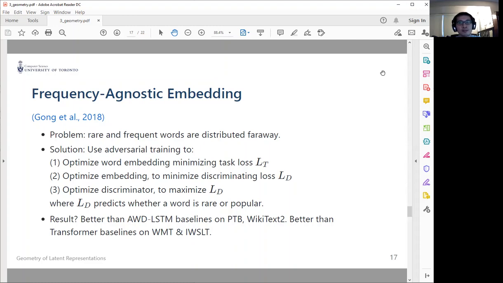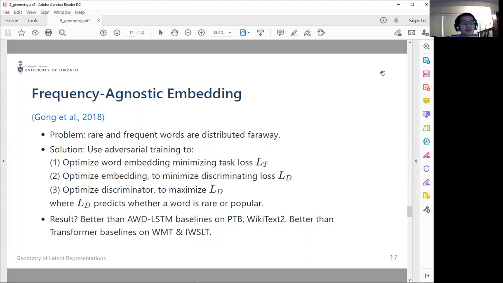The discriminator becomes better and better at doing this, and the word embedding neural networks also become better and better at hiding this. So eventually, the word embeddings are becoming very good at hiding the difference between the frequent words and the infrequent words.